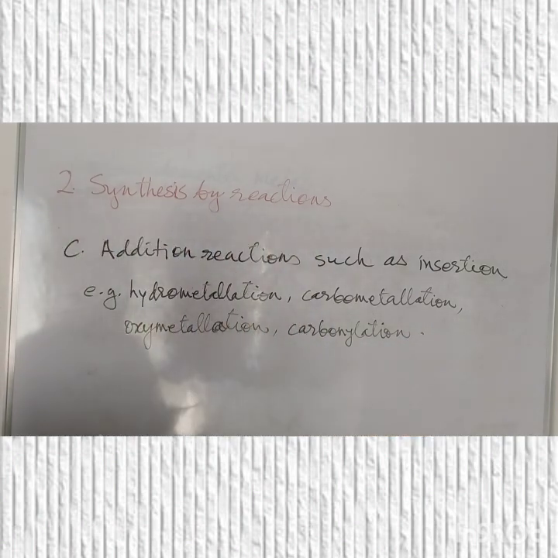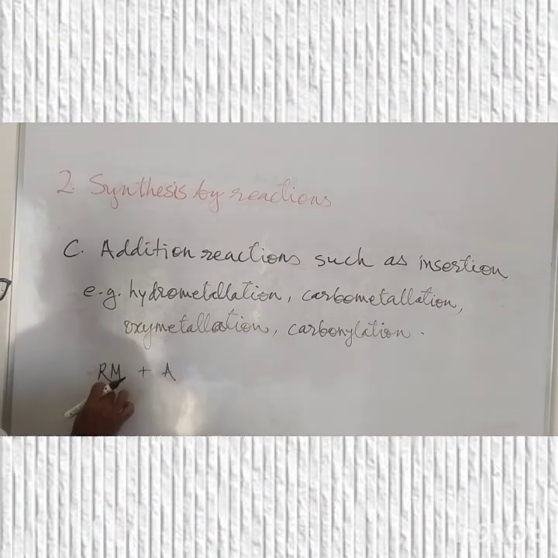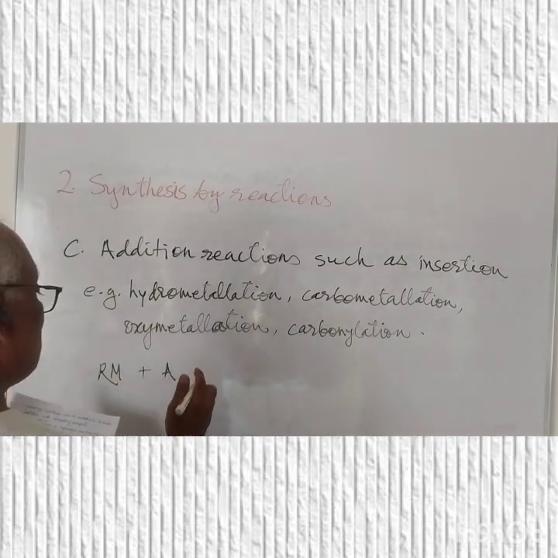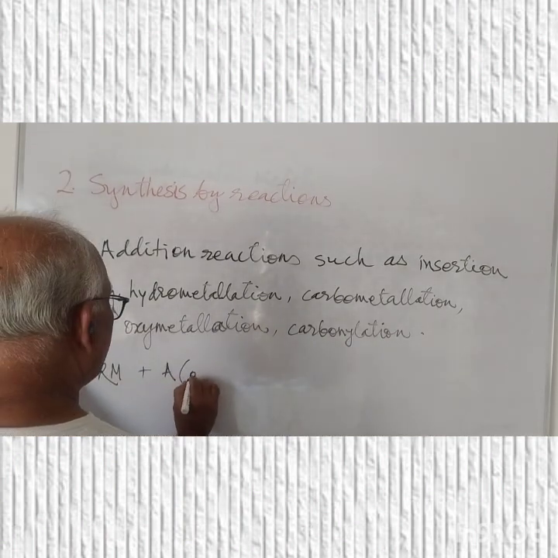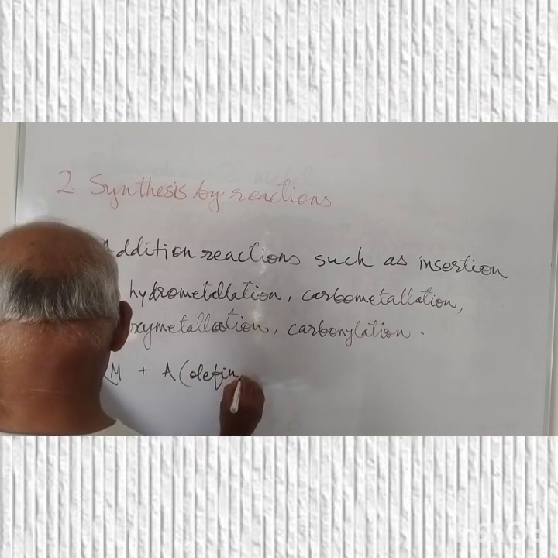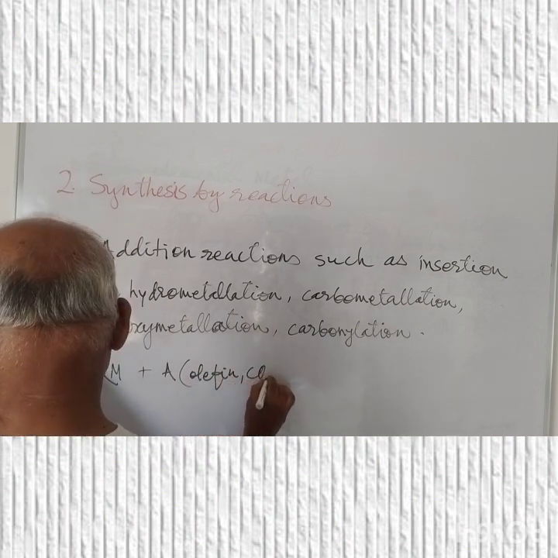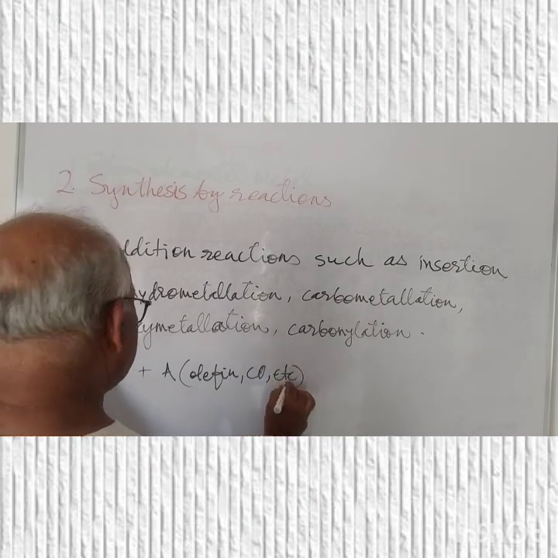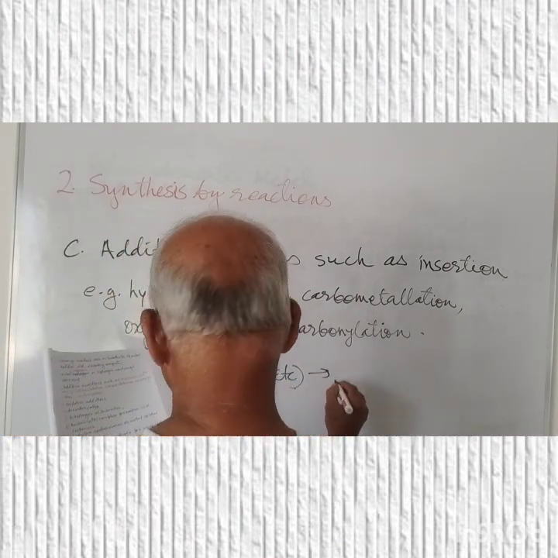For example, this can be represented shortly as RM, that is already available organometallic compound as a reagent, plus A. So that will be atom or group which can be inserted between this R and M. So this A can be olefin or carbon monoxide, etc. Means there are other things also.